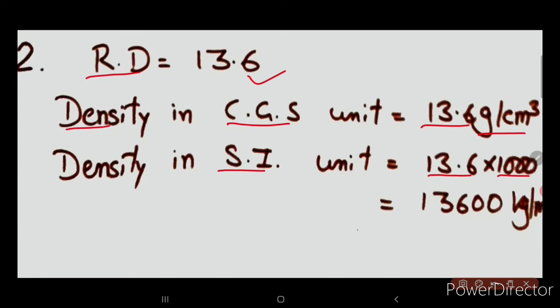So multiplying it by 1000, we shall get 13,600 kilogram per meter cube. So this is kilogram per meter cube. If you cannot read properly, if it is blurred, you can read it here. Now it is kilogram per meter cube. This is how we are supposed to do number 2. Let us try to do number 3.